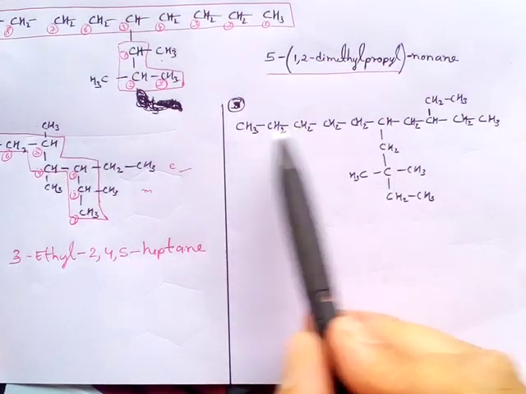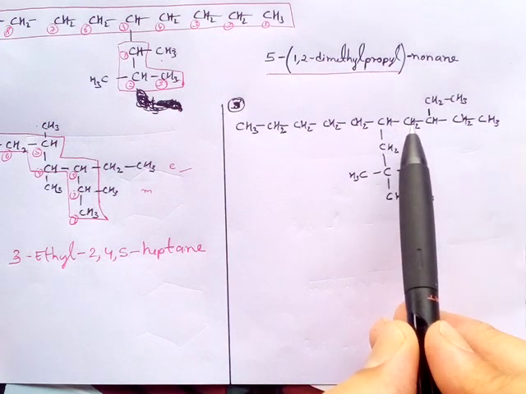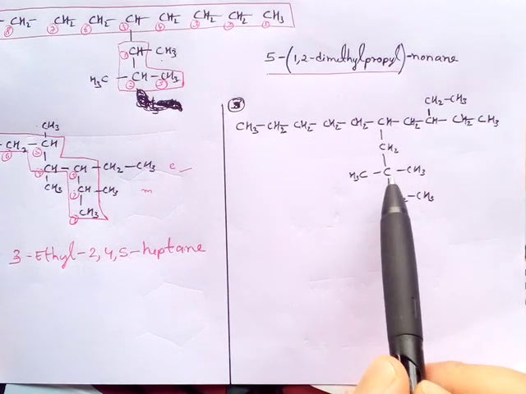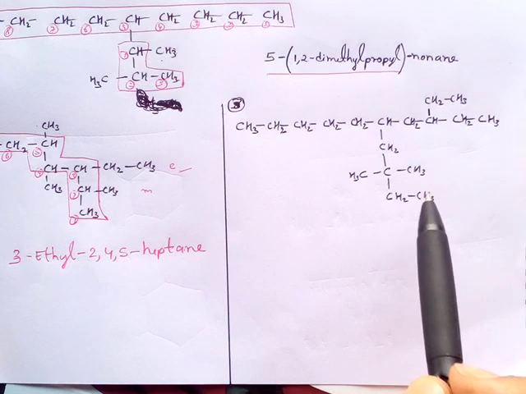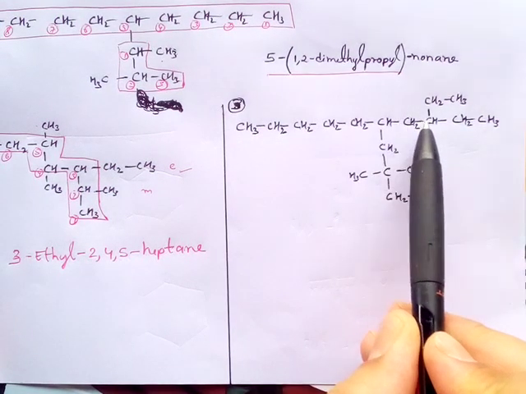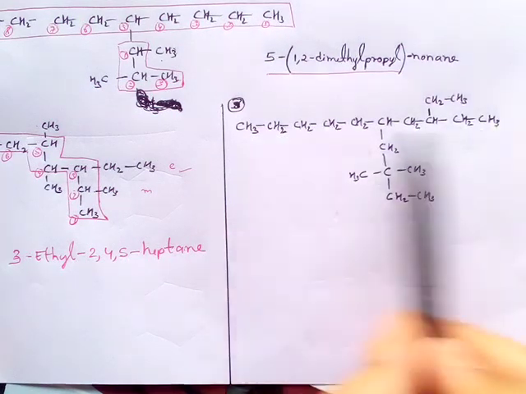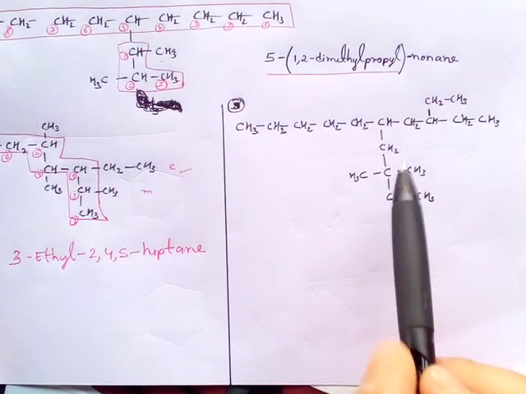So it has to be this: 1 2 3 4 5 6 7 8 9 10. Done. So you have to choose from either side.